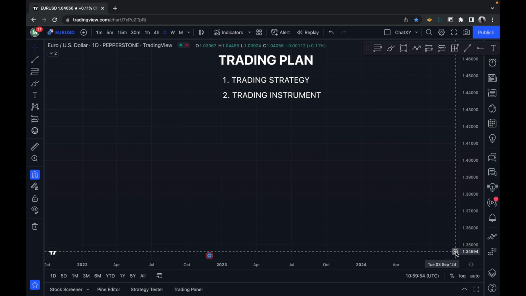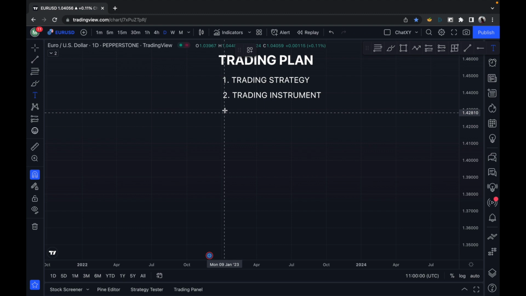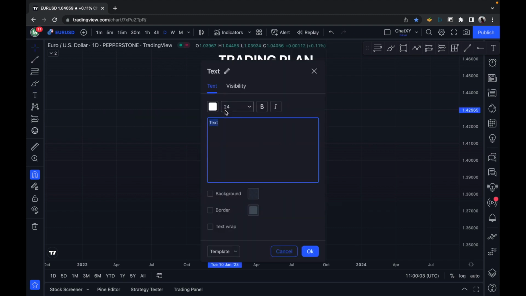So the next point will be backtesting, just like I mentioned already. Point number 3, backtesting.